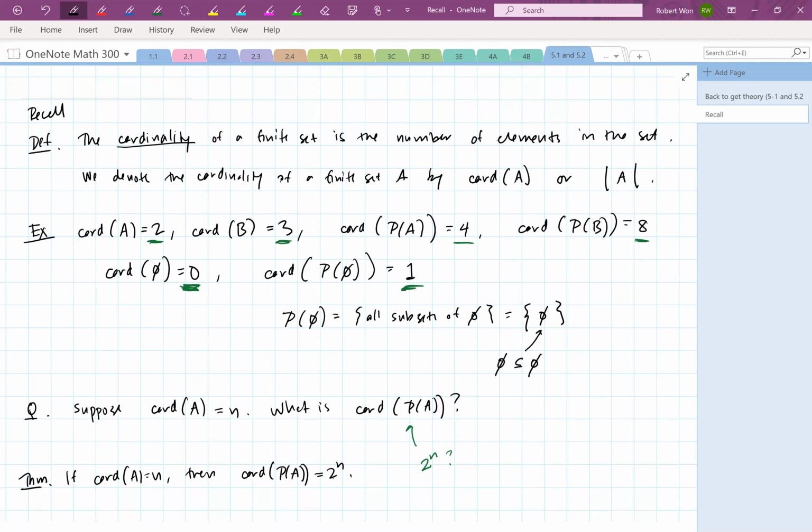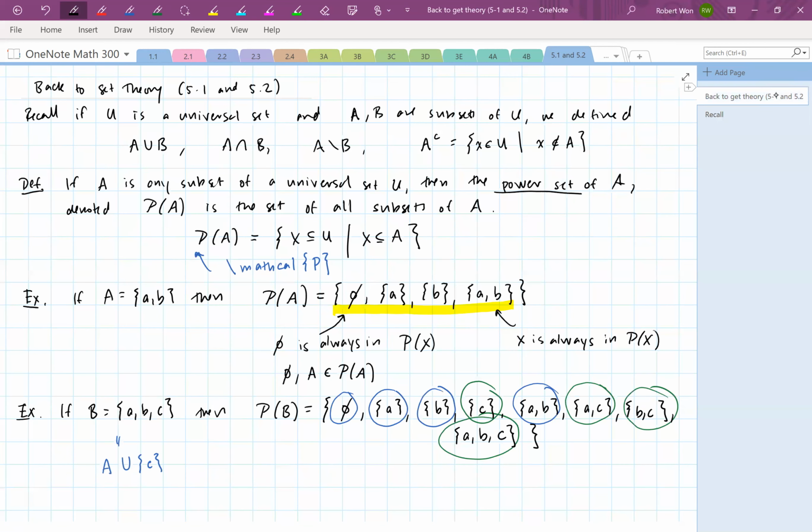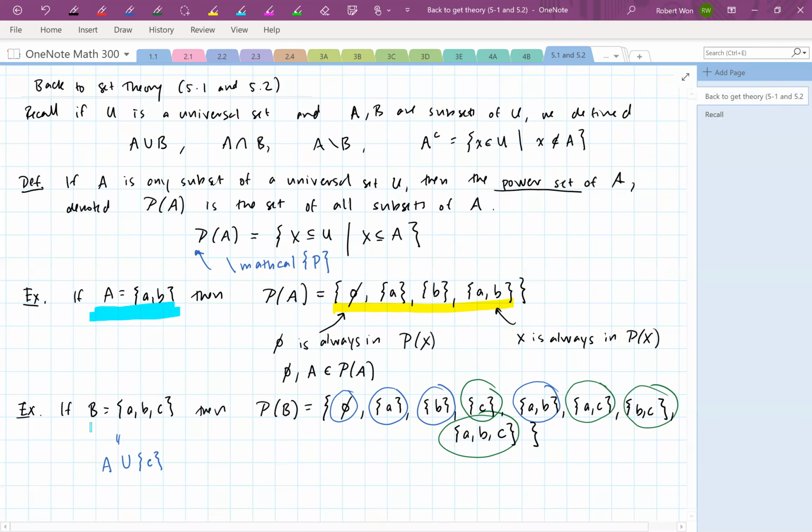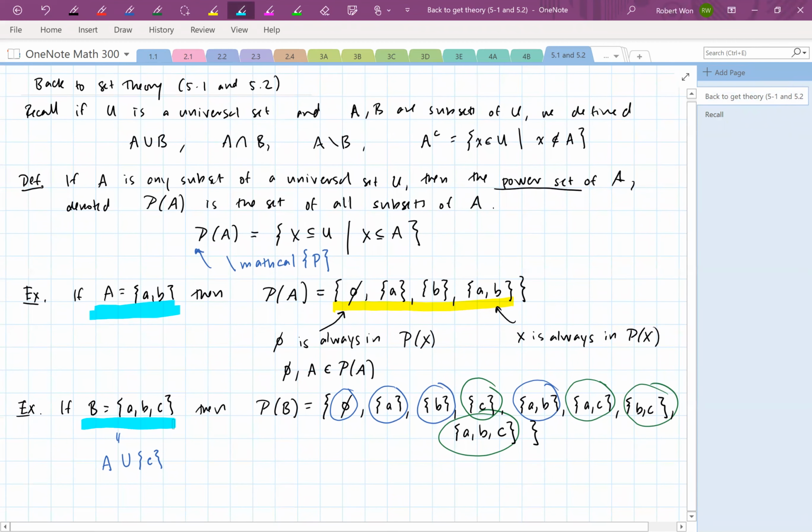For the induction step, you assume that any set with cardinality k has a power set with cardinality 2 to the k. Now you consider any set of size k plus 1. But now you go back to this logic that I sort of hinted at when we were considering A and B, right? So you have a set of size k. We know that every set of size k has a power set of cardinality 2 to the k. And then we consider a set of size k plus 1.